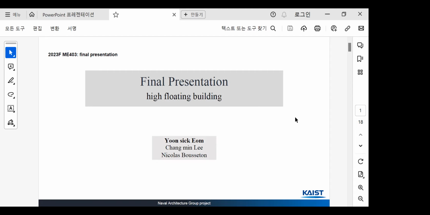So you suggested a method to calculate the stability of the city, combining the floater with a mathematical equation and the mooring line with computational calculation, right? Yes.